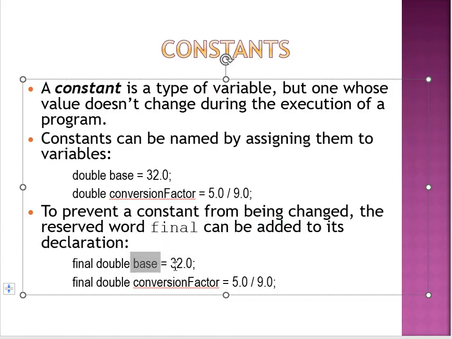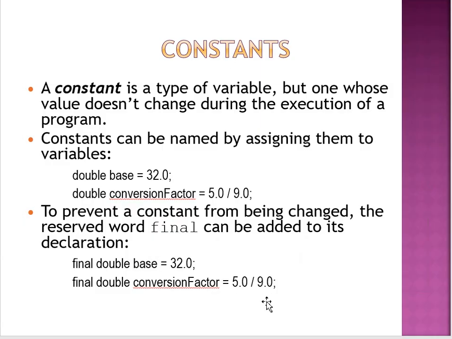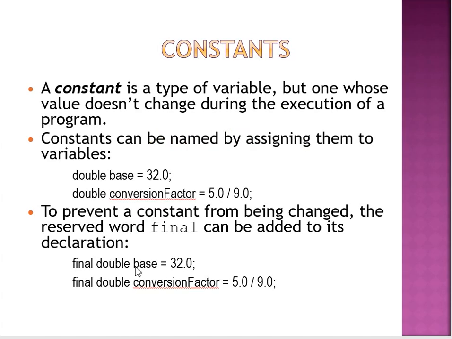Any attempt to assign a different value would result in an error, a protest by the compiler. So this is how you declare a constant and prevent a constant value from being changed.